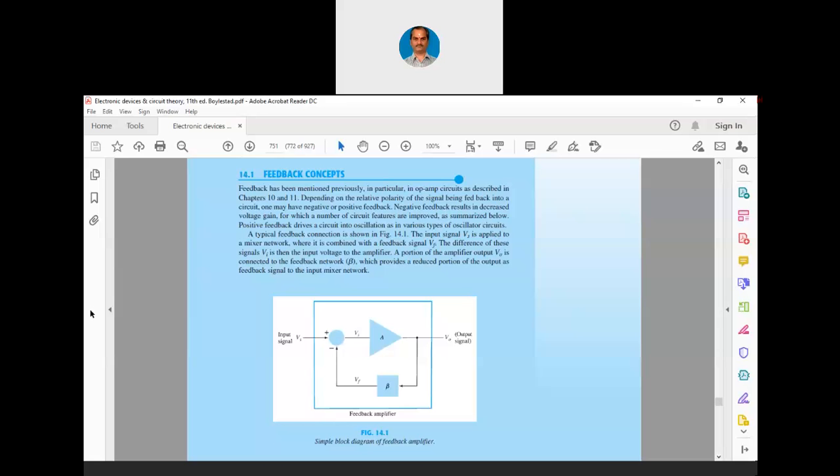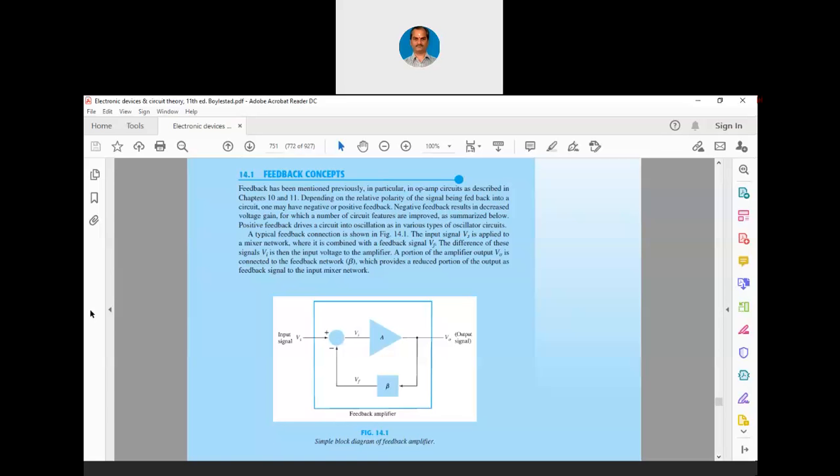Before that, I have to tell you that we use amplifiers for gaining a larger signal power or larger signal strength or larger signal amplitude for a given smaller signal input.